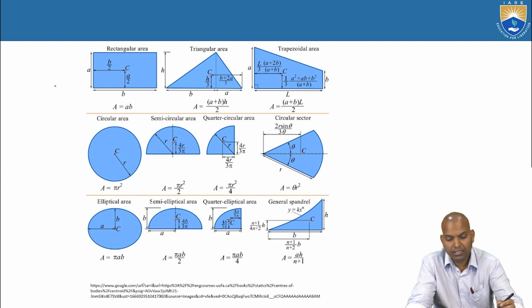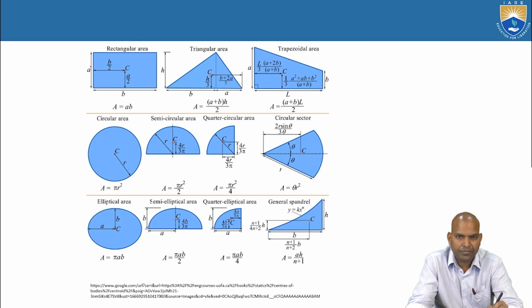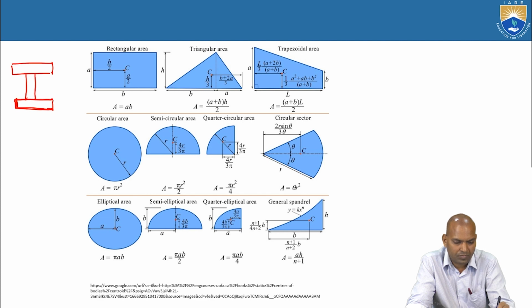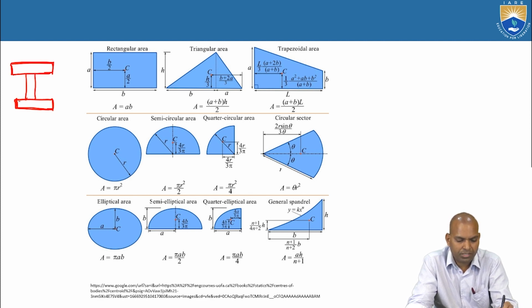Suppose you are considering the I section. It is a joint of different rectangles in such a manner that the I section is formed. That means we have to know the centroids of the individual rectangular sections.